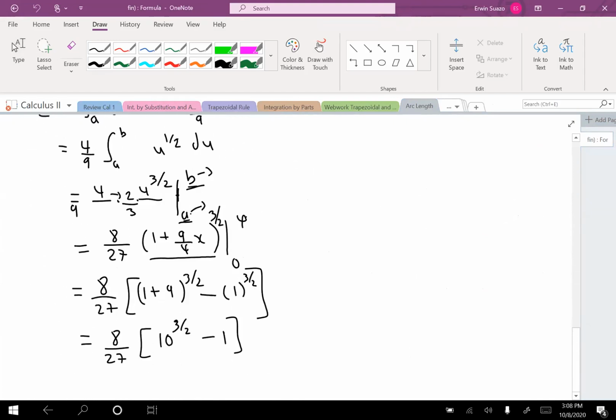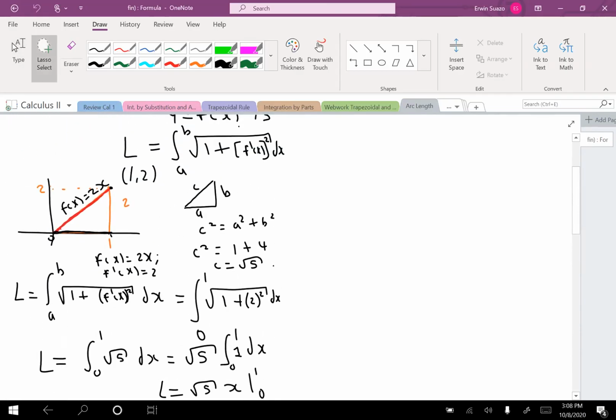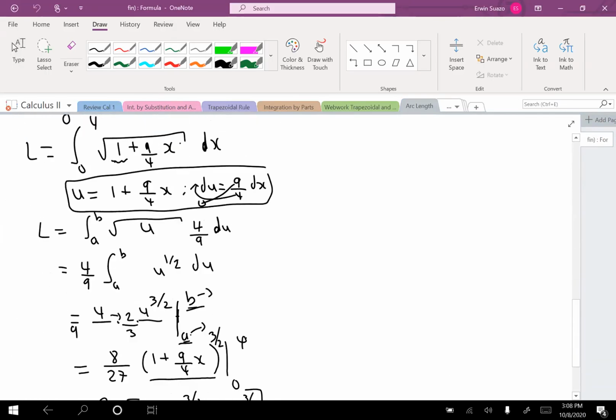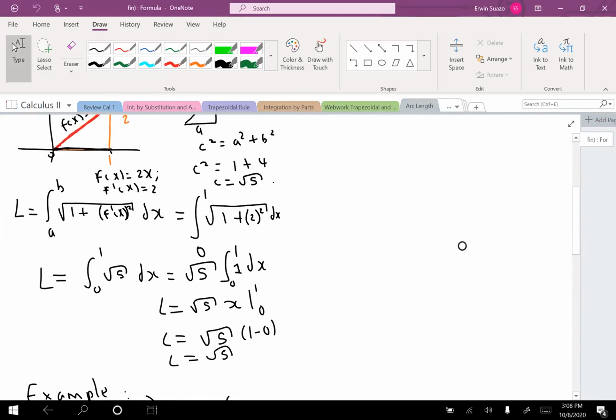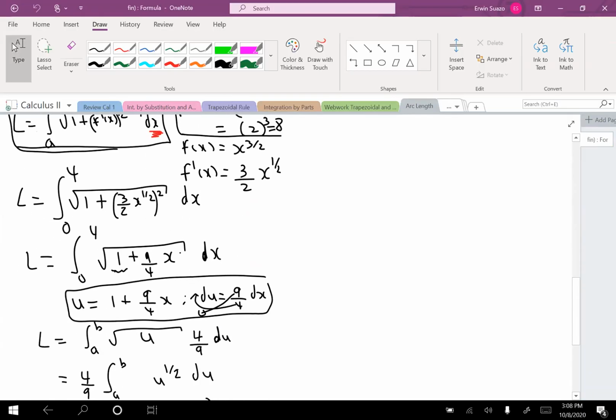I'll try to make one that is not that hard. Either way, you can find it by hand or do the approximation. So we have done 3 examples, and that's good enough.